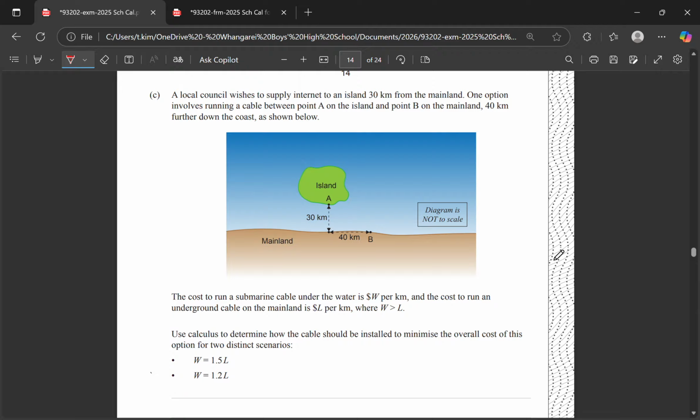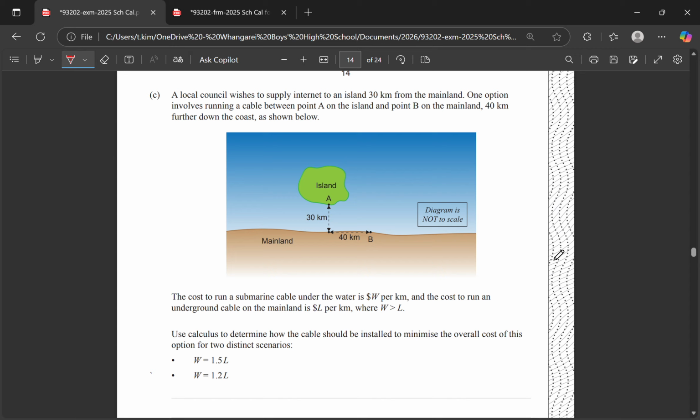The cost to run a submarine cable under the water is $W per kilometer, and the cost to run an underground cable on the mainland is $L per kilometer, where W is greater than L. Use calculus to determine how the cable should be installed to minimize the overall cost of this option for two distinct scenarios. One is W is 1.5 L, the other one is W is 1.2 L.